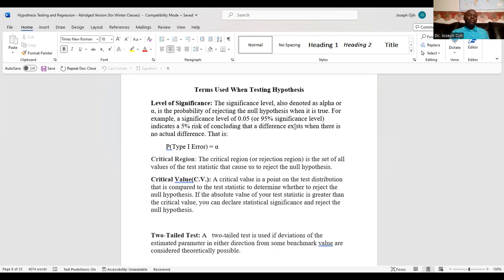We have met significance level before. Please, if you want to ask a question here, don't send me text. Now, the significance level is the same thing we met before when we were doing a confidence interval.